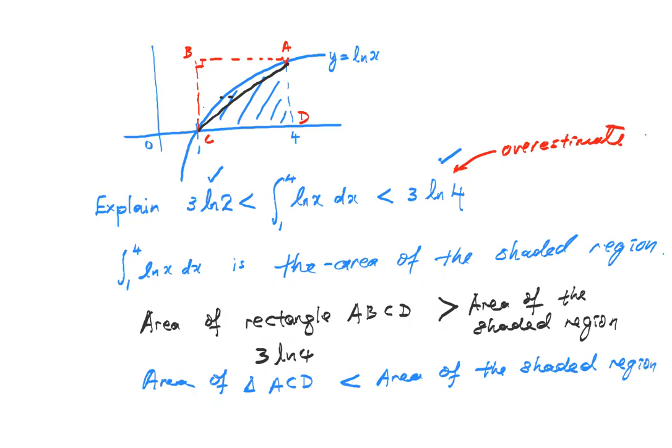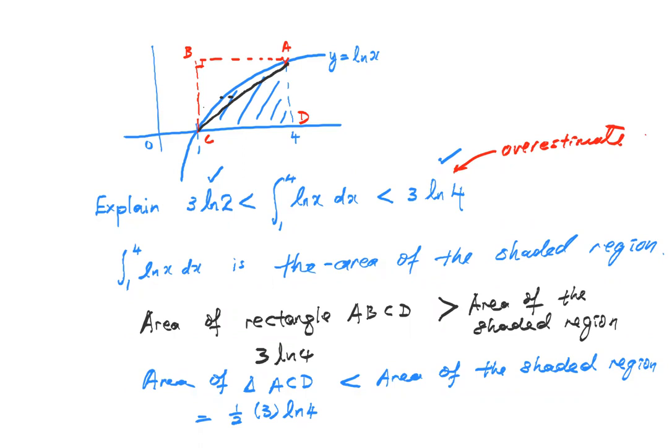So area of the triangle will be half base times height. Correct? But if you look at here, this is not what is shown. So what should I do? At first, I want to write 3 ln 4 over 2. It's too obvious already.